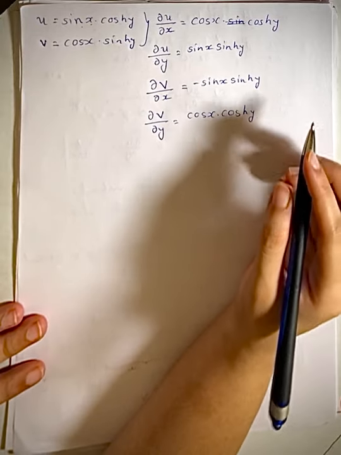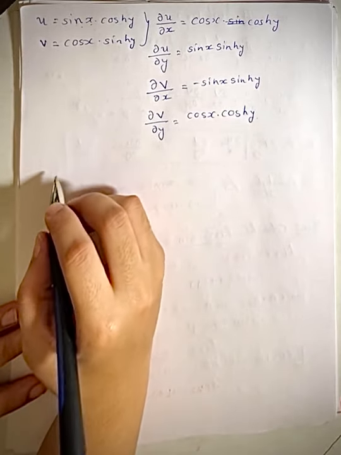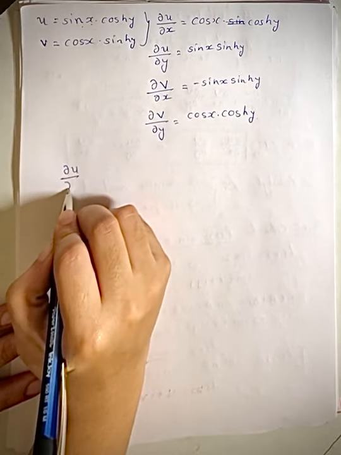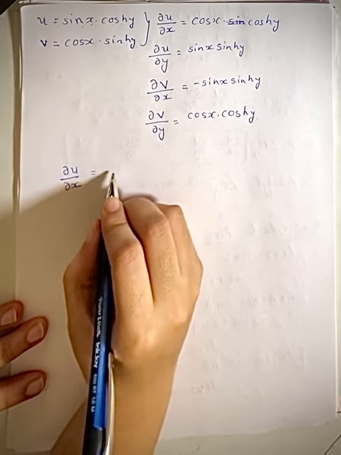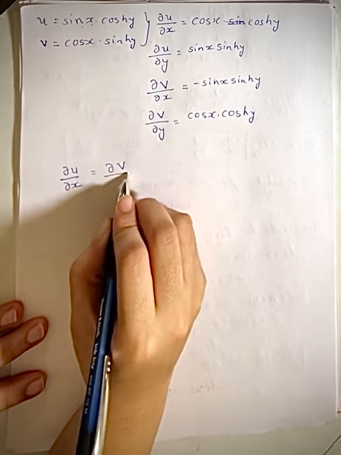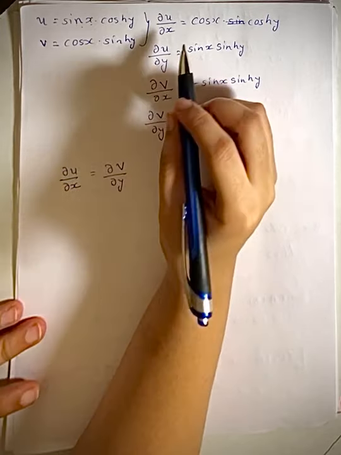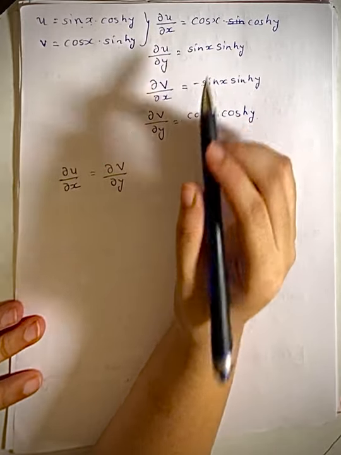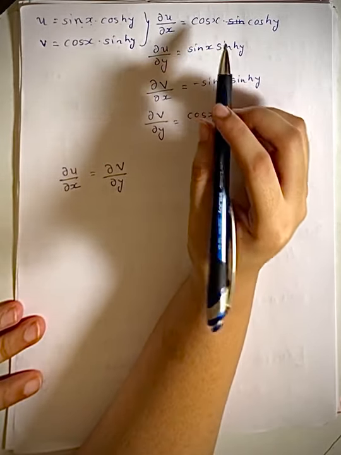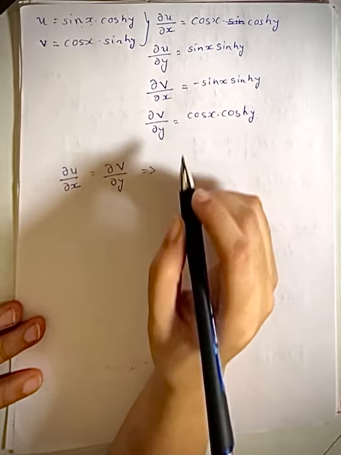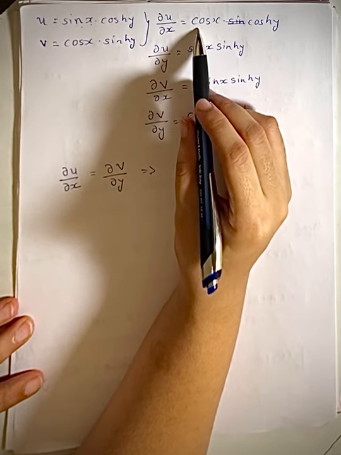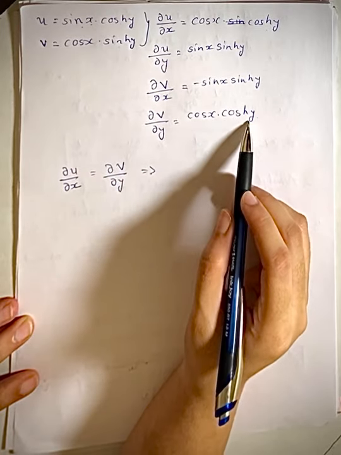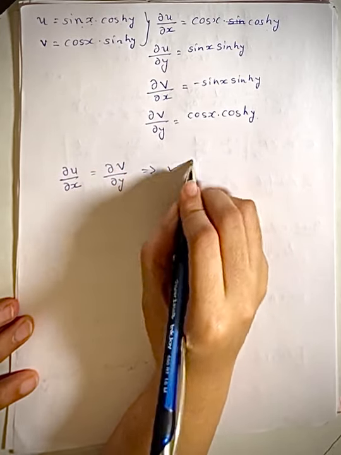Now let us verify the CR equations. The CR equation says that del u by del x should be equal to del v by del y. Do we have that? Yes, cos x cos hy equals cos x cos hy, so this is maintained.